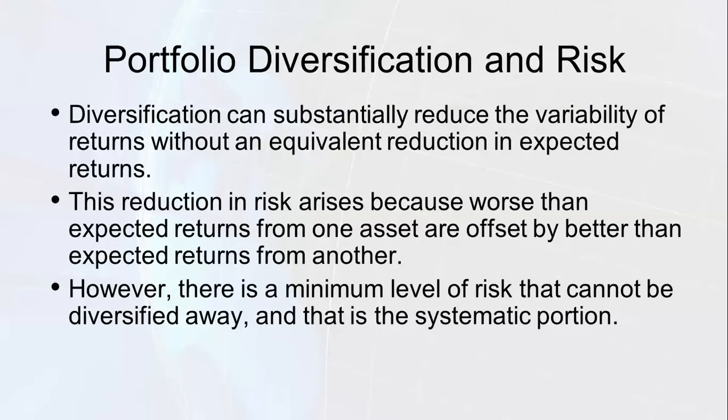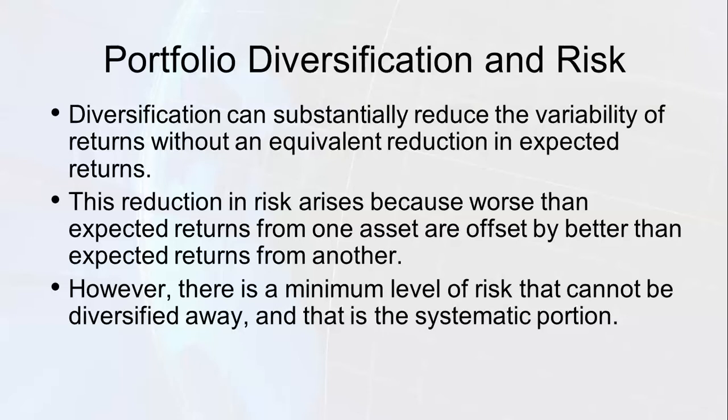So from our previous class, you know that you can eliminate non-systematic risk by creating a portfolio. So diversification can substantially reduce the risk without an equivalent reduction in expected returns. So you can reduce risk significantly without reducing expected return.